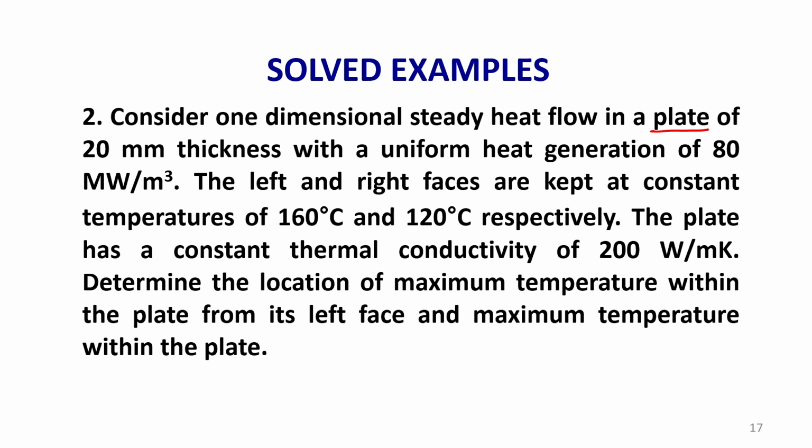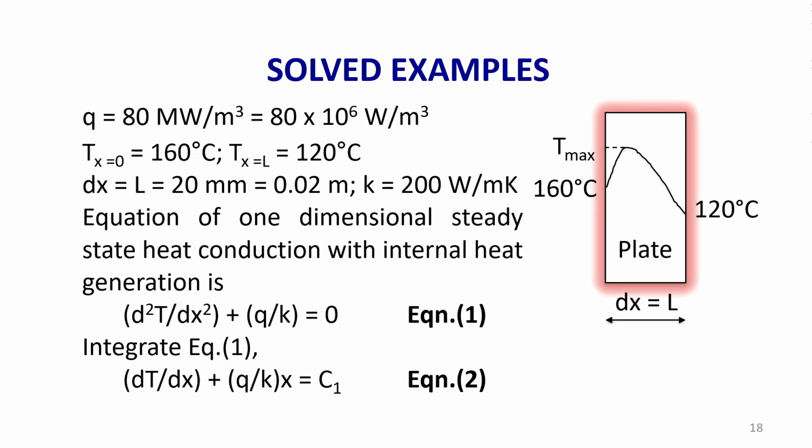As mentioned before, the thickness is taken as dx, which is equal to L. Here the temperature is 160, and here it is 120. We need to find at which location on the x-axis the maximum temperature is attained, and what this maximum temperature is.